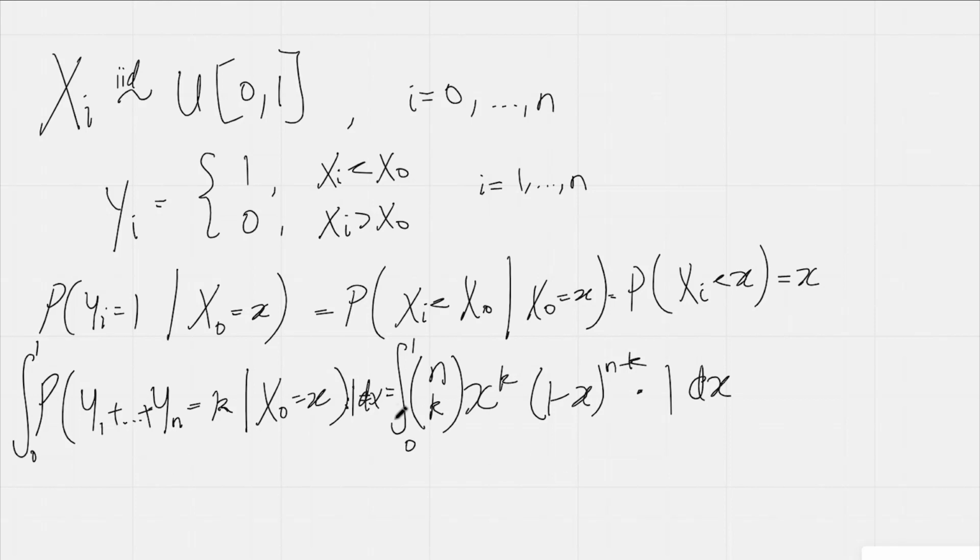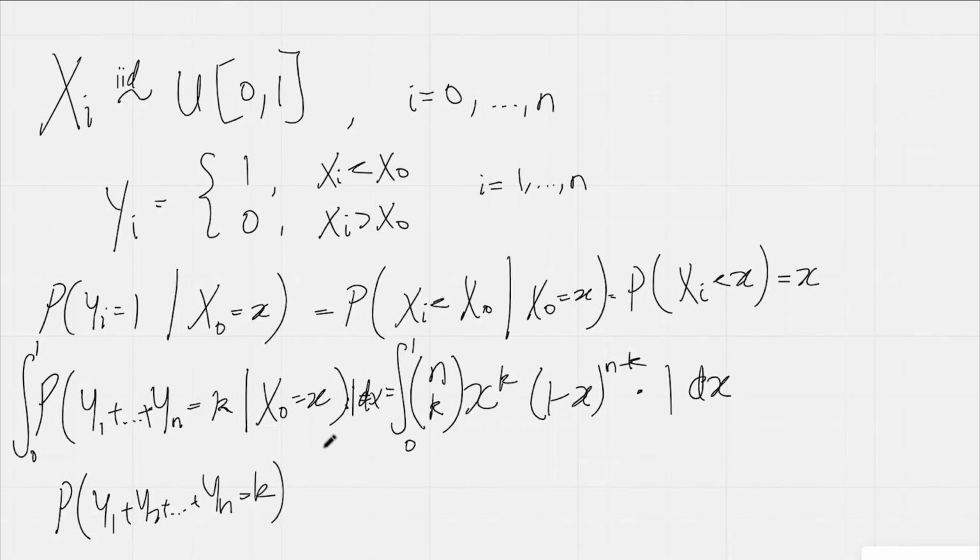And 1 here, the reason I wanted to multiply by 1 is because that is the probability density function of x0, because it's uniform over 0, 1. And so by the law of conditional probability, if I integrate a conditional probability multiplied by the probability density function, this is simply going to be the probability that y1 plus y2 plus so on plus yn equals k, which is really nice.